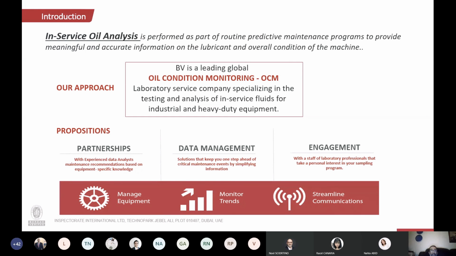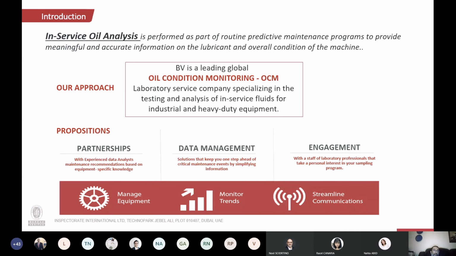Our approach mainly is to provide a unique service, which includes reporting, diagnostics, and of course testing, which will help our clients to have a solid maintenance and predictive maintenance program to start with.